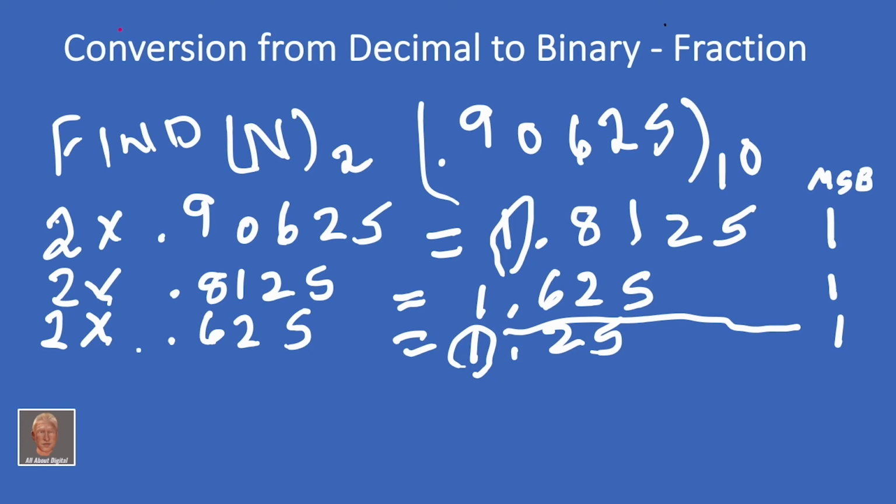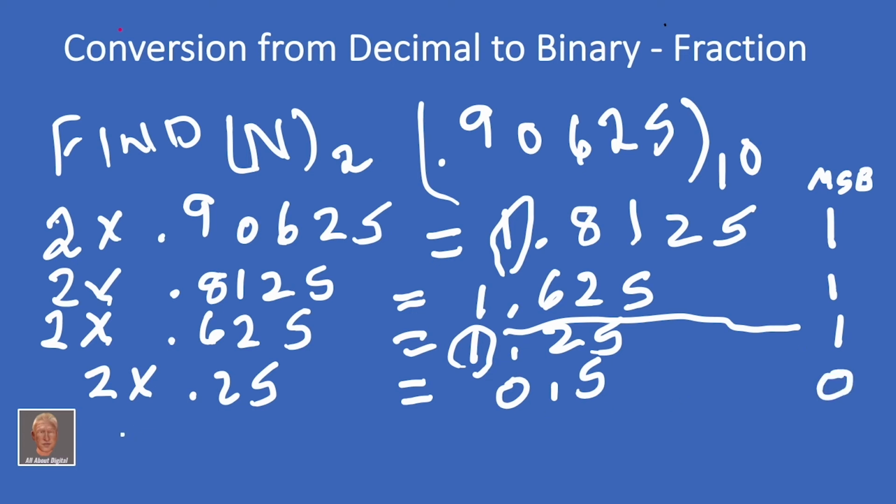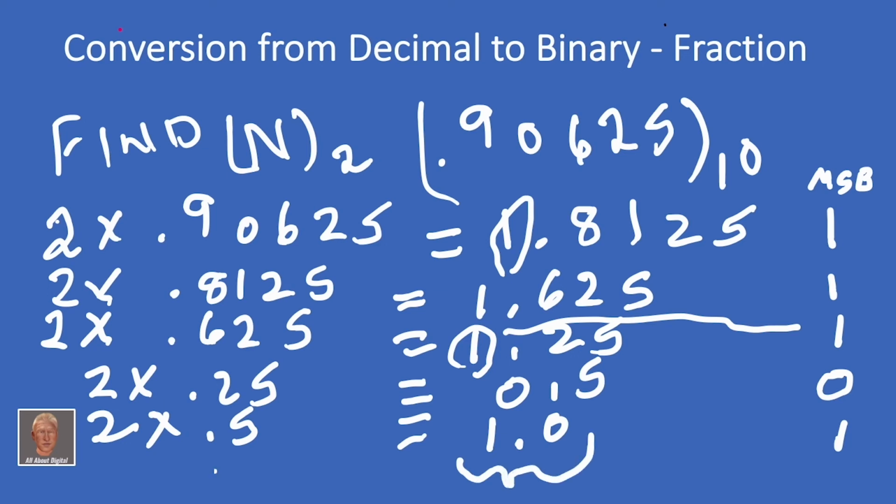Okay, so now we have 0.25, so we go 2 times 0.25, and that equals 0.5, so we have a 0 right here. Then we take 0.5 times 2, and we get a 1.0, and that 1 goes over here. Okay, since we got 1.0 at the very end here for the LSB, we have an exact conversion, because this turned out to be a 0.